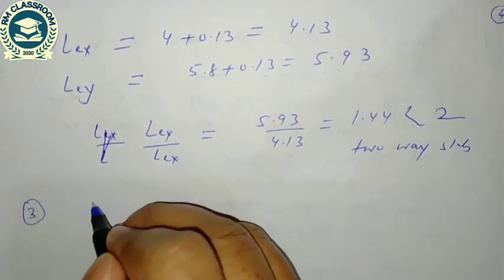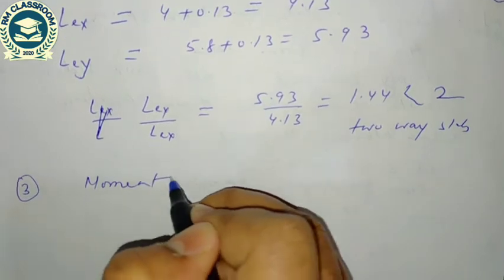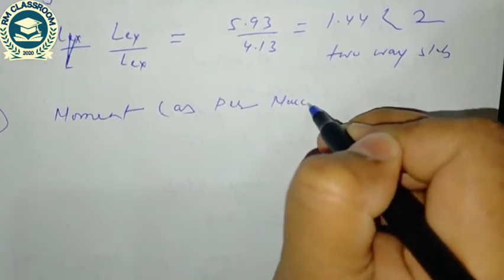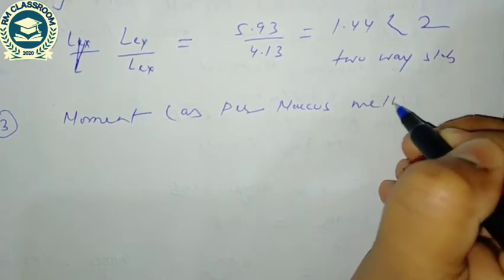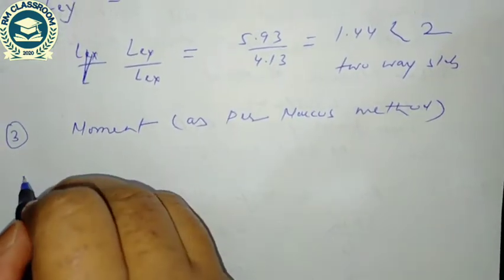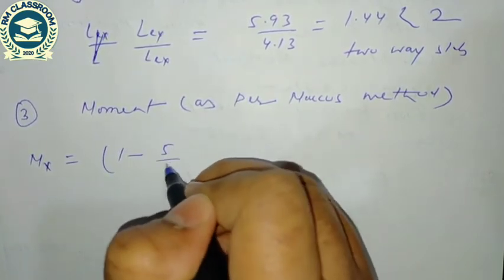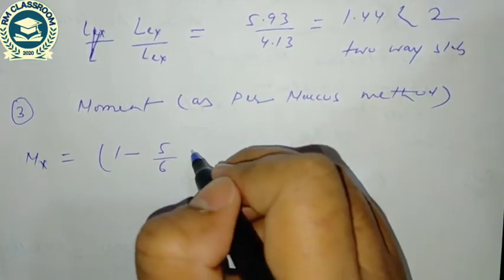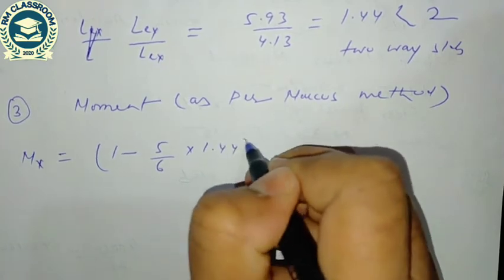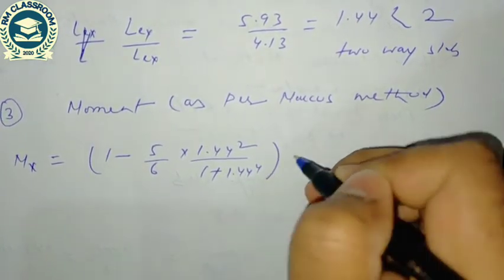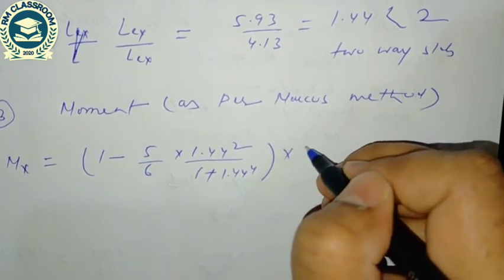Moment can be computed as per Marcus method. So bending moment in x direction, the coefficient is 1 minus 5 by 6 r square divided by 1 plus r4, 1.44 to the power 4, into Wx.